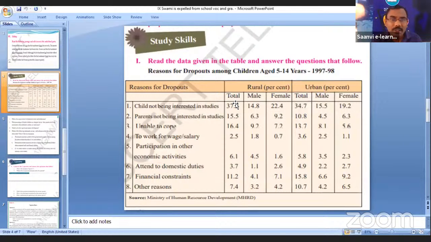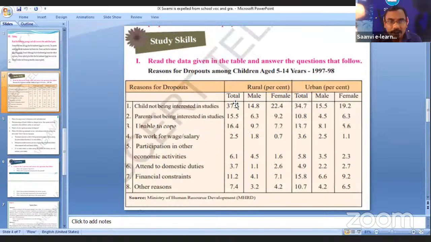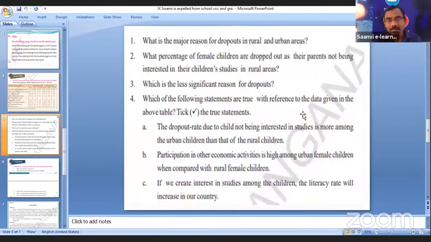Children are not interested in studies. In rural area, 37.2 percentage, 34.7 percentage in urban area. So the main reason for dropouts among children is that children are not interested in studies.